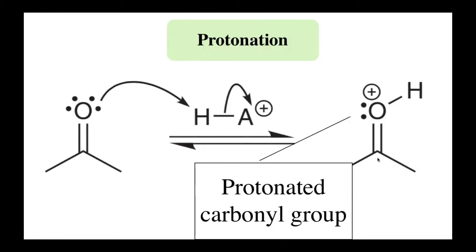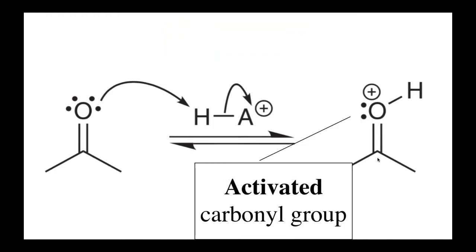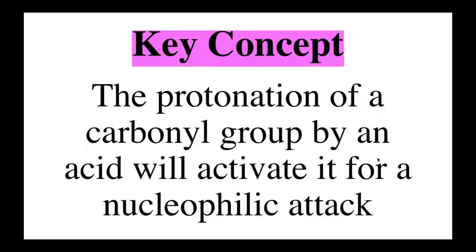We can also call this product an activated carbonyl group. If I say protonated, that means I added H+, but I can also say activated. So I activated it, I gave it a charge, and now it's going to want to get rid of that charge because it's activated. It wants to be deactivated. So the protonation of a carbonyl group by an acid will activate it for a nucleophilic attack.